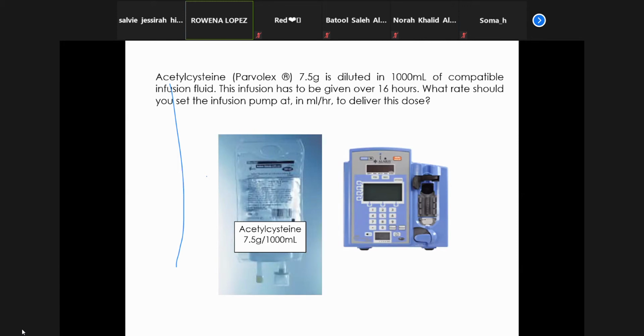This infusion has to be given over 16 hours. What rate should you set the infusion pump at in ml per hour to deliver this dose?